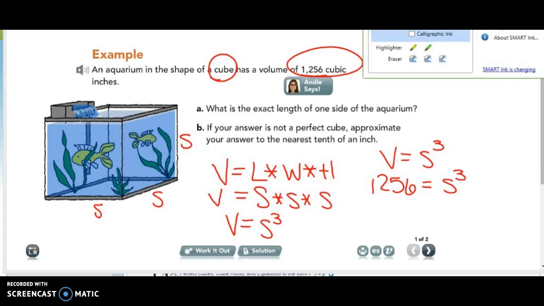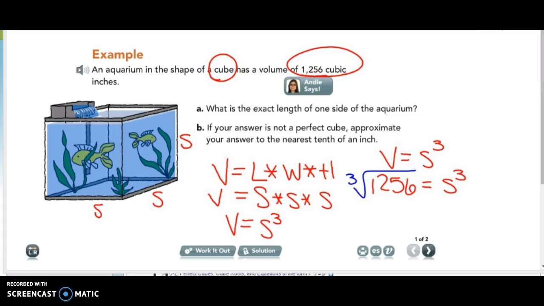Then I'm going to go ahead and I'm going to cube root both sides. So I have S that is left over here. And on this side, when I cube root it, I'm going to get 10.7893814. But as we're looking at it, it says if your answer is not a perfect cube, approximate your answer to the nearest tenth of an inch.